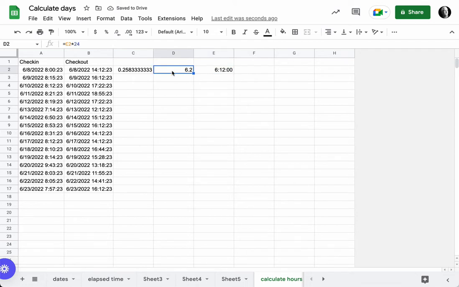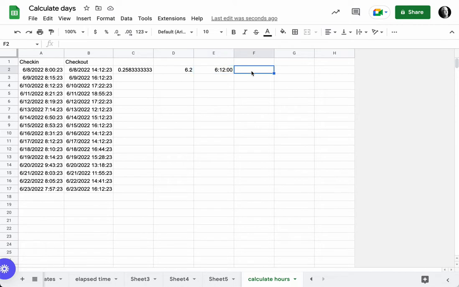This one actually gives us a decimal that we could use to multiply hours. I don't think we could use that to multiply to get how many dollars someone earned based on their hourly rate. This one we could use. This one I don't think we could really use, so we would have to break this down. Let's take a look at that and see exactly how we could do that.